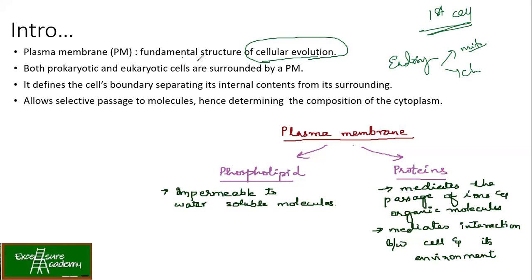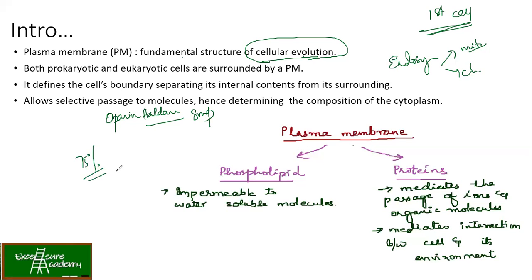But here we say it is the fundamental structure of cellular evolution because, if you remember in the case of evolution, you must have heard about Oparin and Haldane, the test tube and the primitive atmosphere. Then it rained for several million years, so that all the mountains were eroded, and all those nutrients came into the ocean, and that's how our earth got 75% ocean water, correct?